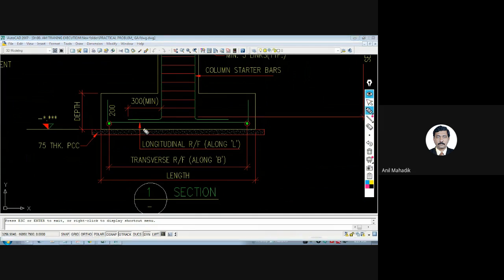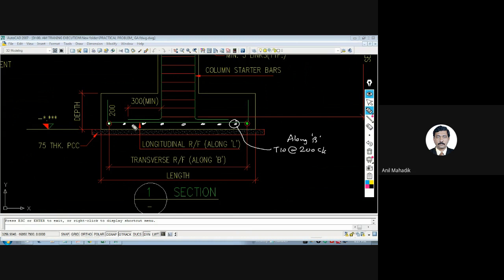So here you can see along L. Let's say this is the total length of the footing. Then this is a longitudinal reinforcement, and whatever dots you can see over here are the along B reinforcement. Whatever the spacing, let's say this is T10 at 200 center to center, which is nothing but my along B reinforcement.